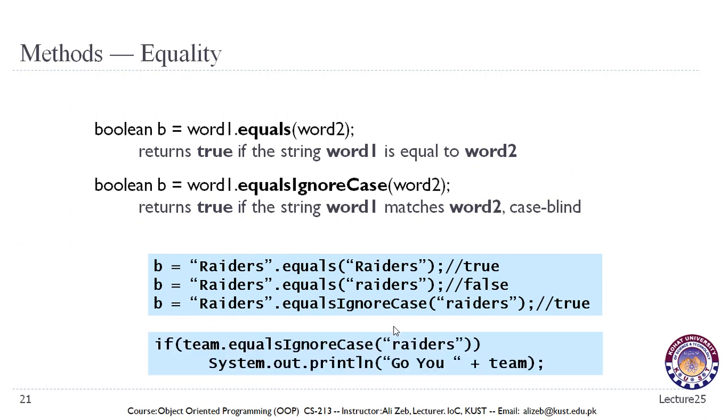If team.equalsIgnoreCase(readers), System.out.println, so you can print the name of the team even if it is in capital case or if it is in small case.